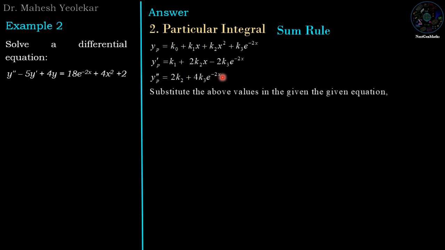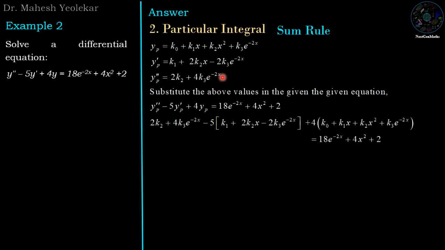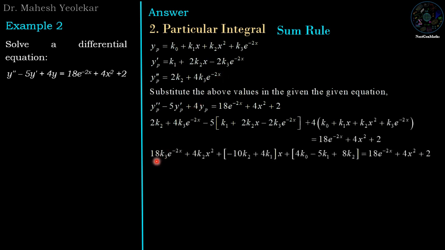Substitute all the values in the given differential equation. Then if we simplify, we have 18k3 e power minus 2x plus 4k2 x square minus 10k2 plus 4k1x plus 4k0 minus 5k1 plus 8k2 equal to the right hand side, 18 e power minus 2x plus 4x square plus 2.